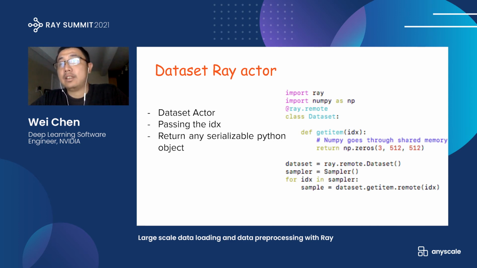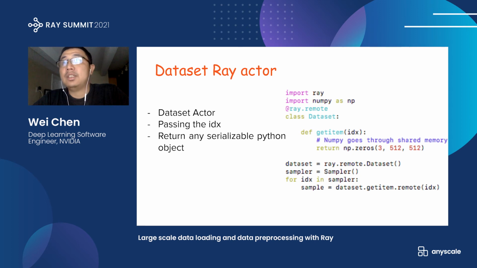For example, the code snippet here shows how we can load samples from this dataset API. Basically, we can still initialize our sampler in the driver process, iterate the sampler to get the index, and then pass this index to the actor and return the results.